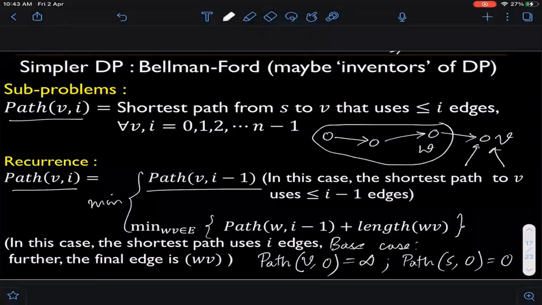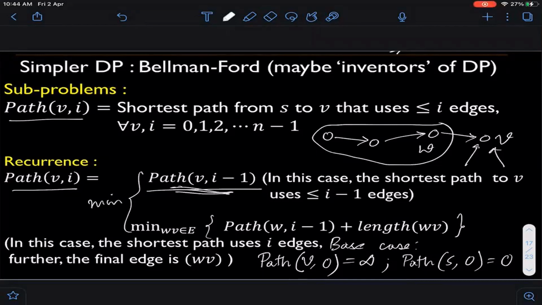So why is this relationship true? I think it's pretty obvious, but let's just go over it once. The first case is pretty obvious. The optimal solution from S to V, which uses at most I edges, can have a few cases. The first case is that it does not use the full budget. In that case, it's pretty clear that this should be true. The optimal solution with a smaller budget is actually the optimal solution with the larger budget.